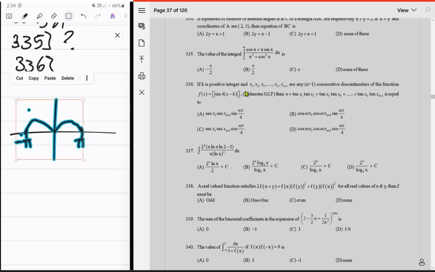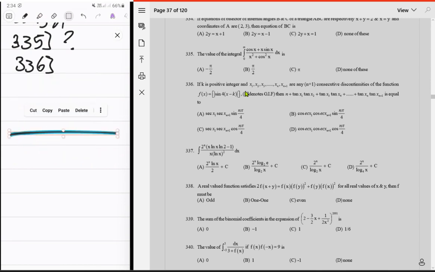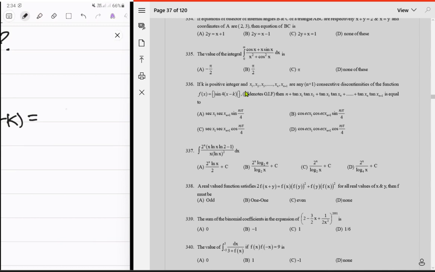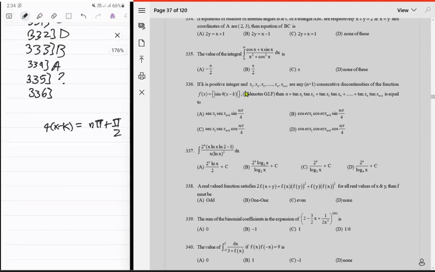That's what discontinuity is. So this equal to 1, that's like saying 4 times of x minus k is equal to, you know, I don't know, like odd pi upon 2, it's like 2n plus 1 pi upon 2, जो भी है, like n pi plus pi upon 2, if that makes sense, जो भी है। इसे अपने करना है कैसे?